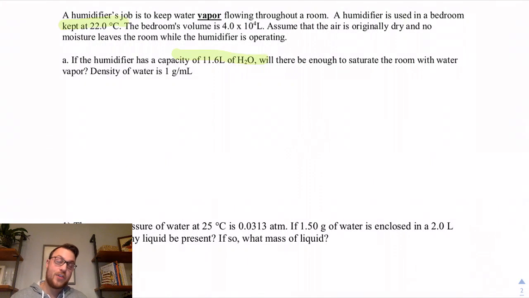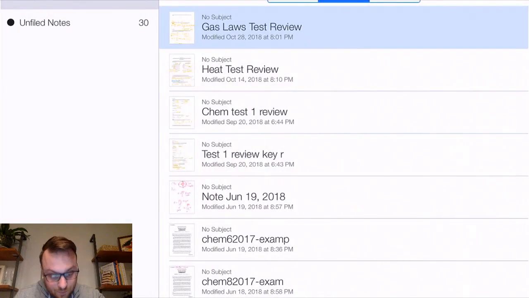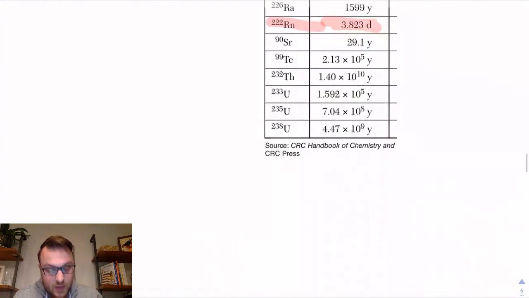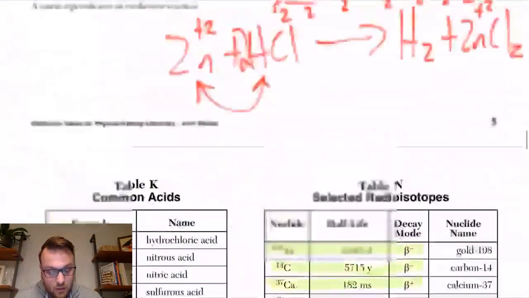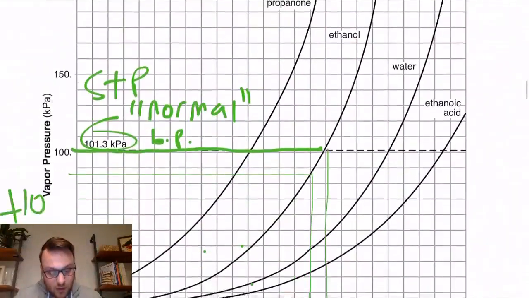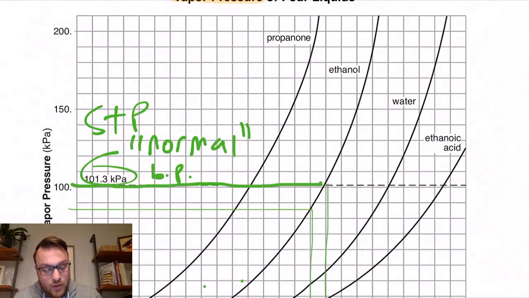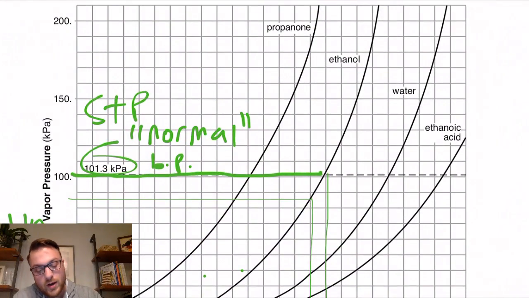Boom. So if you go to table H, table H is the vapor pressure of 4 liquids, one of which is water. So you can figure out some information about water at that temperature given, which was 22 degrees Celsius. Most importantly, you can figure out the vapor pressure.